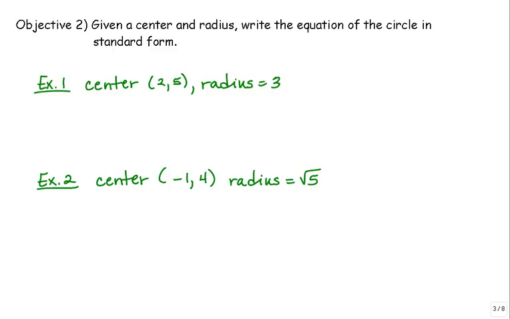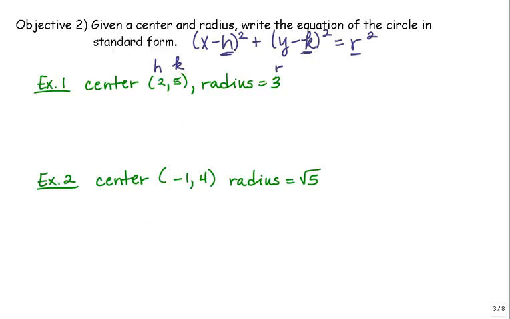So let's look at the second objective where we are given a center and radius and we want to write what the equation of that circle would look like. Well, the main thing you've got to keep in mind is that general form is x minus h squared plus y minus k squared is equal to r squared. So if you know the center, which is h and k, and the radius r, you can get the equation. So if we have a center of 2, 5 with a radius of 3, we would know that our h and k are 2 and 5.